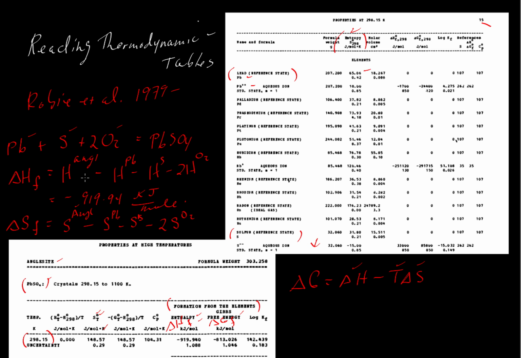Let's erase the chalkboard and do this. We've already got this value here, delta H sub F, so we already know what that is. We're just going to do this calculation right there for the delta S. So if we get rid of all this, then the delta S for the formation of anglesite would be the entropy of anglesite, which is listed as 148.57, and that's the value that we get right there, minus the entropy for lead, so that's 65.06.